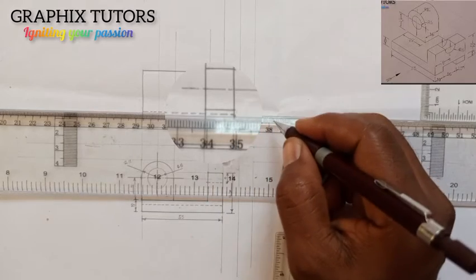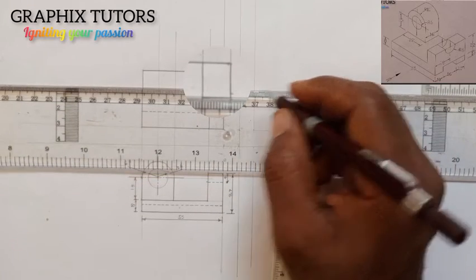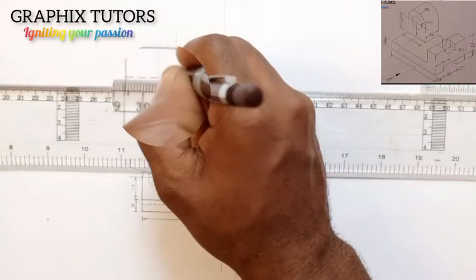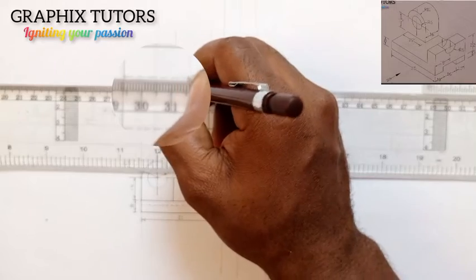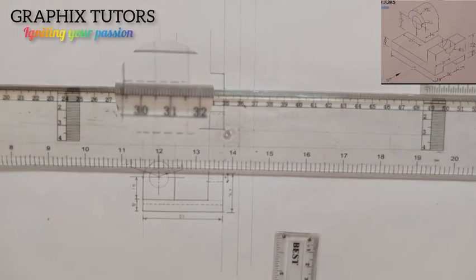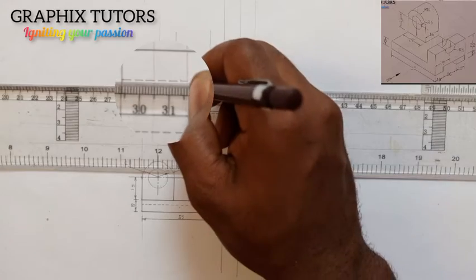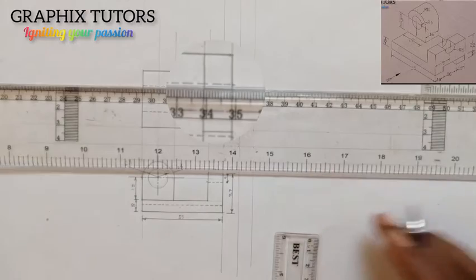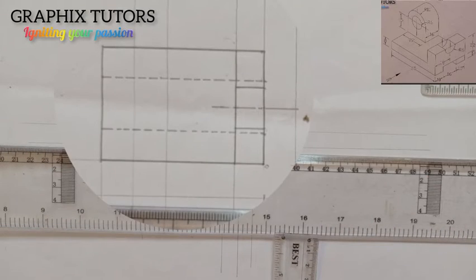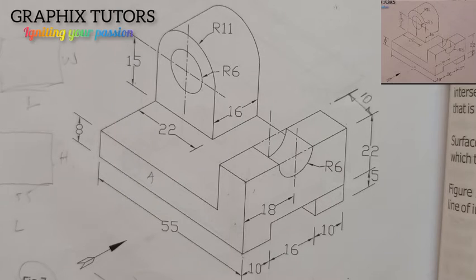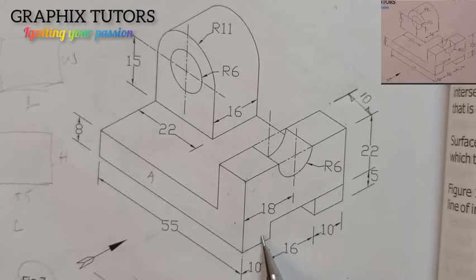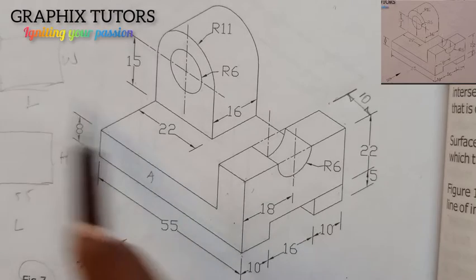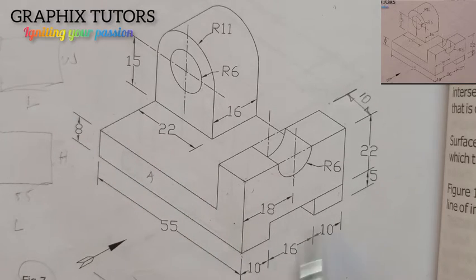Then I'll come here also, same thing too. That is what we have here, the hidden line. Do you know what I'm actually doing here? This hole here, which is 16, that I measured 8 to the left, 8 to the right. I'm going through. So to show that there's a hole beneath it, I'm using a hidden line to show that there's a hole.